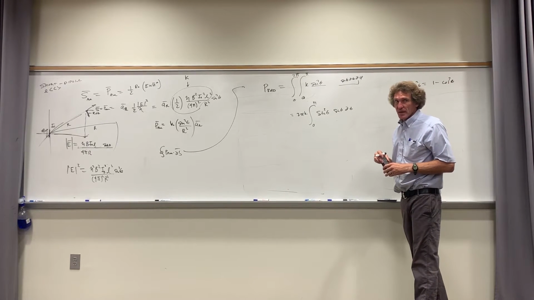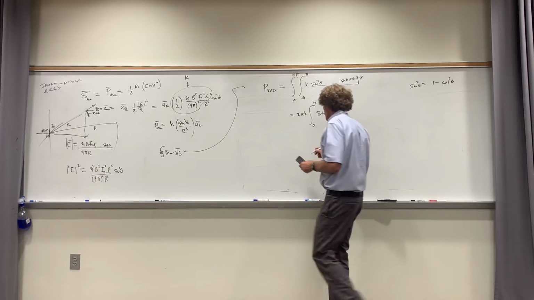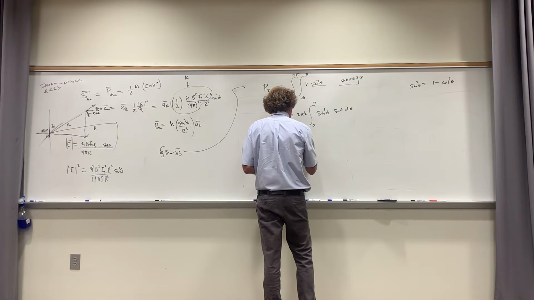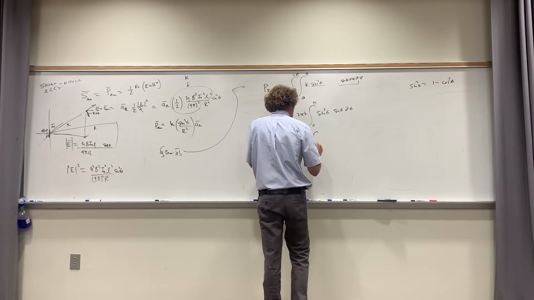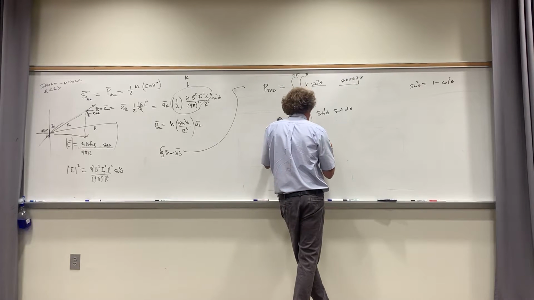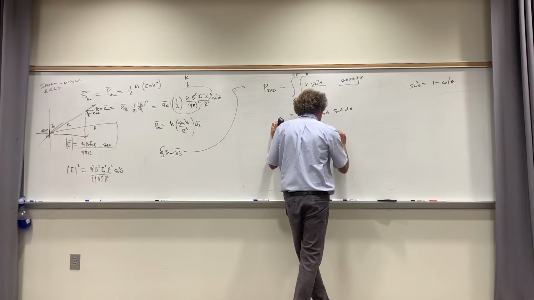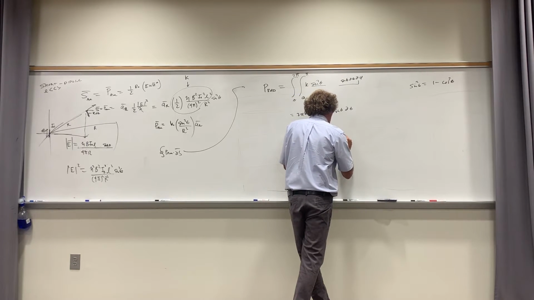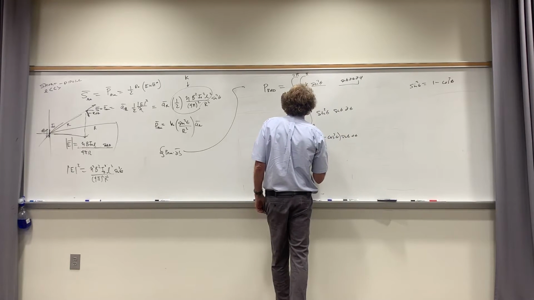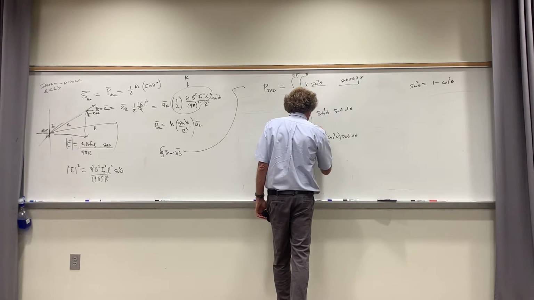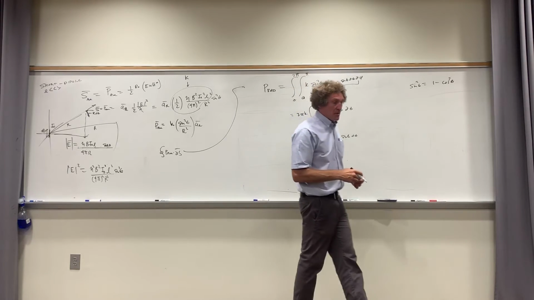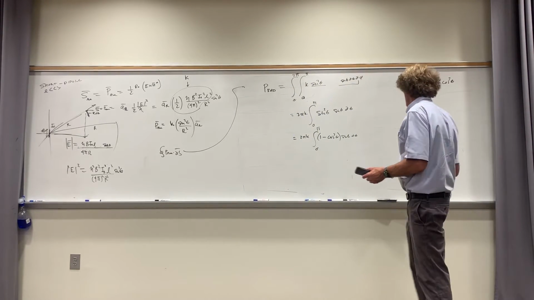I'm putting it in for a reason, so this is equal to 2 pi k times the integral of 1 minus cosine squared theta times sine theta d theta. Still I'm going from 0 to pi.